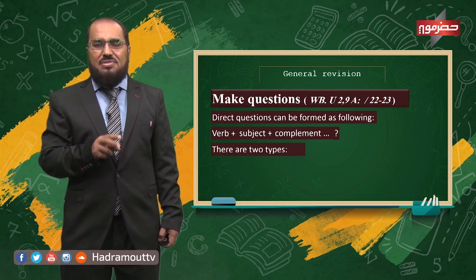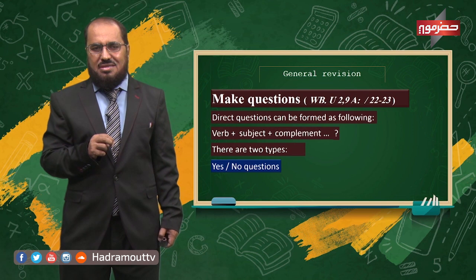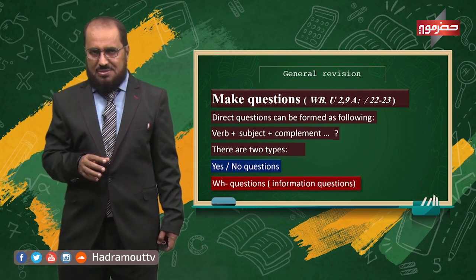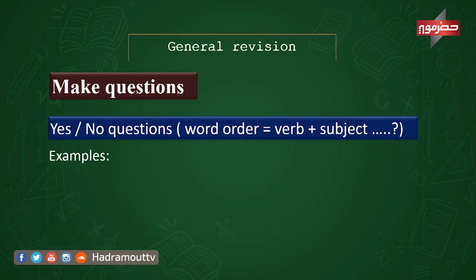There are two types of questions: yes-no questions and WH questions, also called information questions. Yes-no question, because the answer is yes or no. WH question, because we start with the WH word: what, when, why, where, and so on. Why is it also called an information question? The answer should be a piece of information, not yes or no.